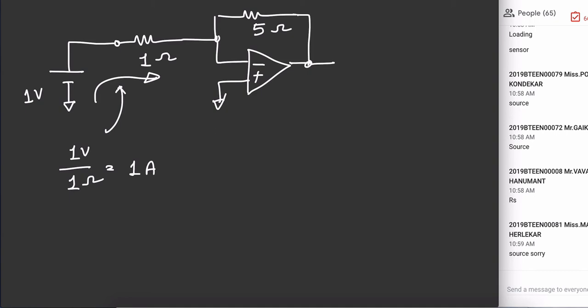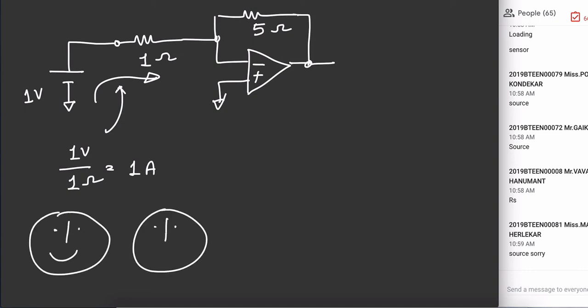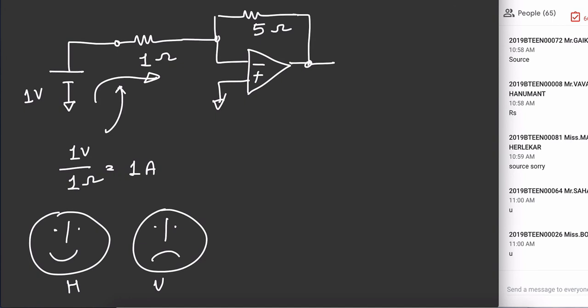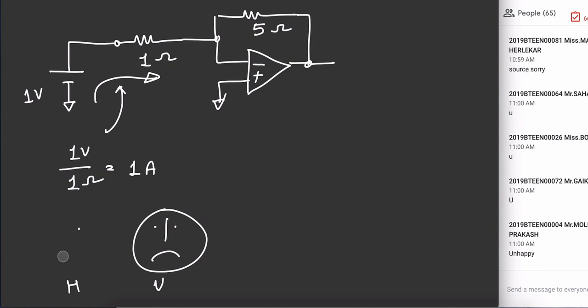What Madhura said is correct. It is the source which has to supply the current. And will the source be happy or unhappy if a large current is asked? Unhappy. So the source will be unhappy if a large current is asked. So 1 ohm is not a good choice.